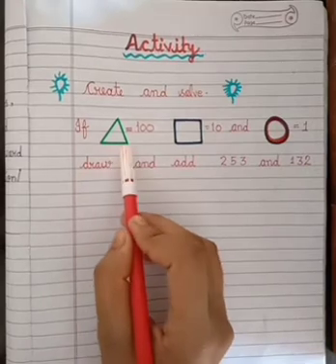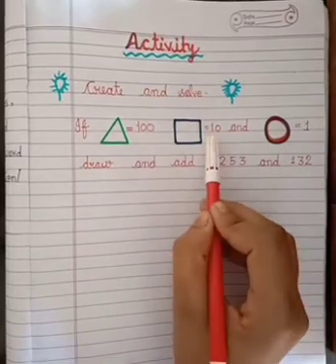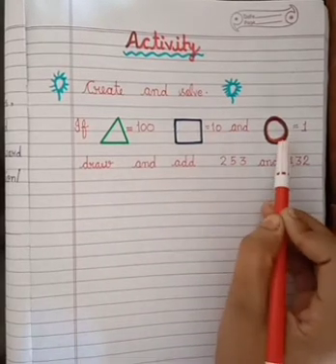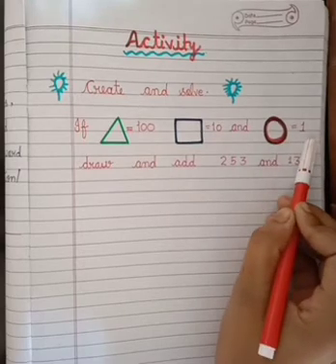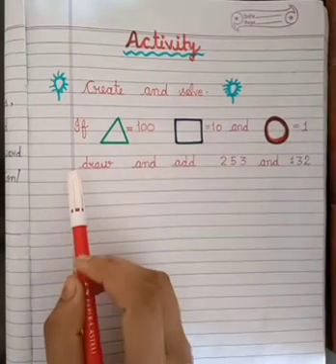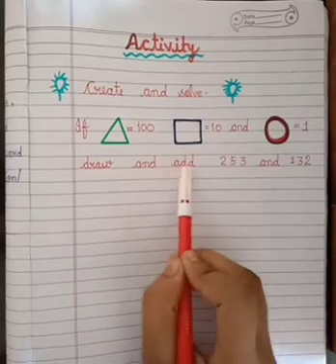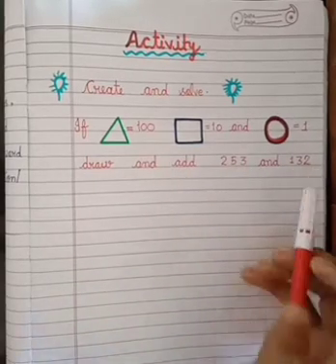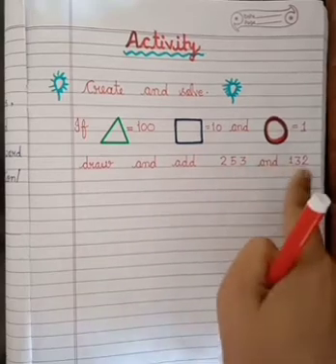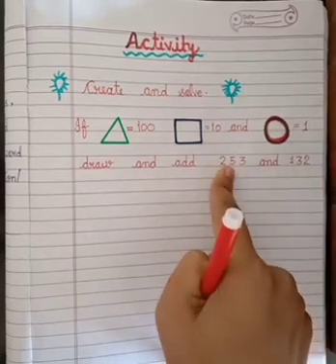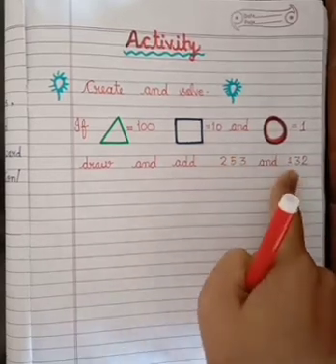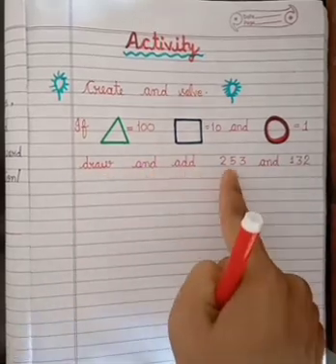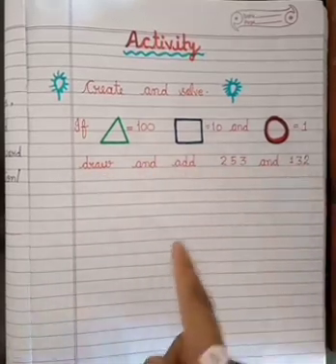The value of triangle is 100, square is 10 and circle is 1. So now we have to draw and add 253 and 132. We have to solve this addition. This is your activity. Draw and add 253 and 132.